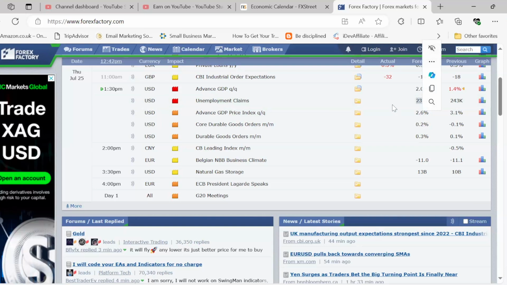Now, if it is higher than the forecast, meaning that more people have filed for claims, it means investors may want to run and dump the dollar. So at that point, you may see GBP/USD or EUR/USD going up. So you want to buy EUR/USD or GBP/USD, dumping the US dollar. That's just to explain that question, though we are not talking about trading numbers, okay?